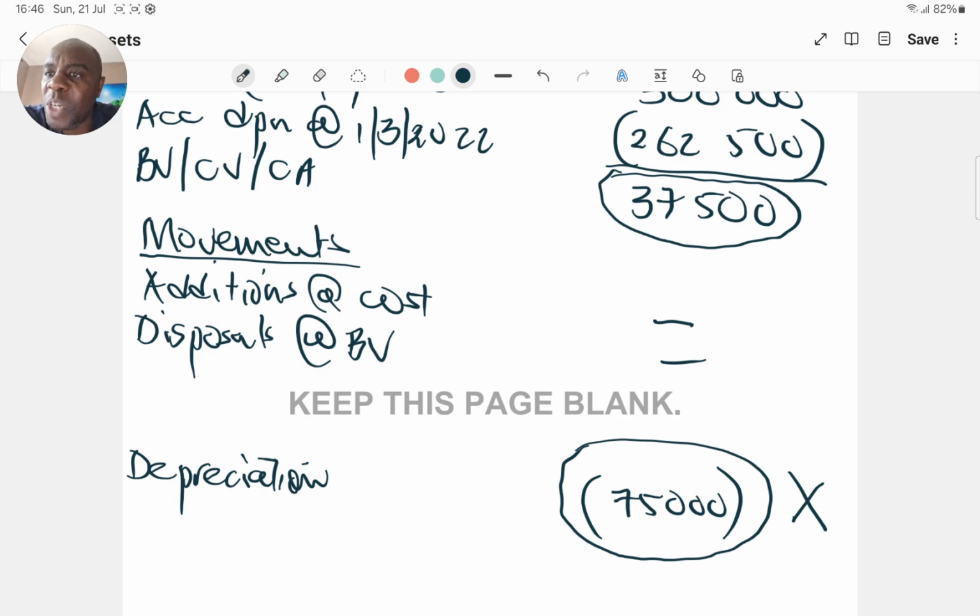In such a case, where depreciation is more than the carrying value of the asset, we cannot record the 75,000, otherwise we are going to have a negative asset value. So we apply the 1 rand rule: the asset is supposed to have a value of 1 rand. So this becomes wrong.